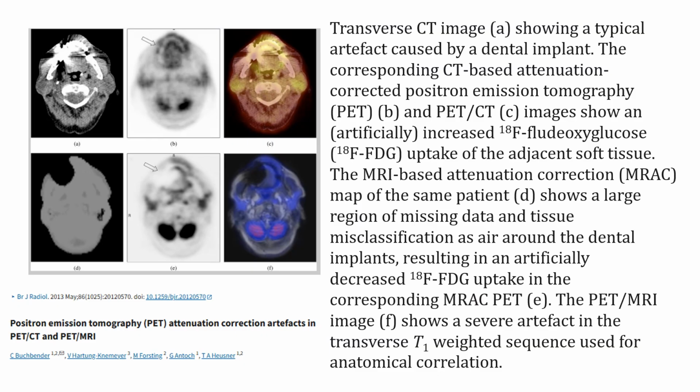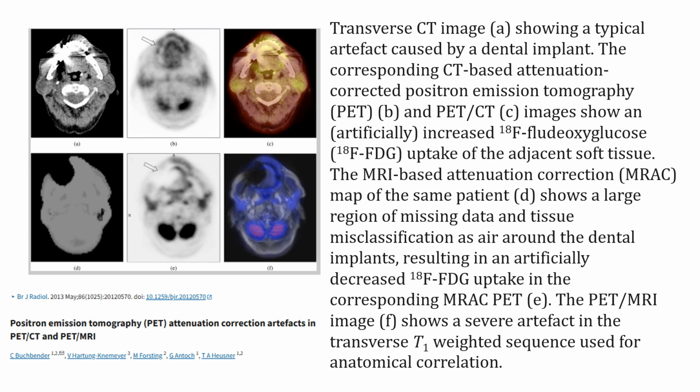Here an example of a difficult situation in which both CT and MR-based AC leads to artifacts. The transverse CT image shows a typical artifact caused by a dental implant. The corresponding CT-based attenuation-corrected positron emission tomography and also the fused PET-CT images show an artificially increased FDG uptake in the adjacent soft tissue.